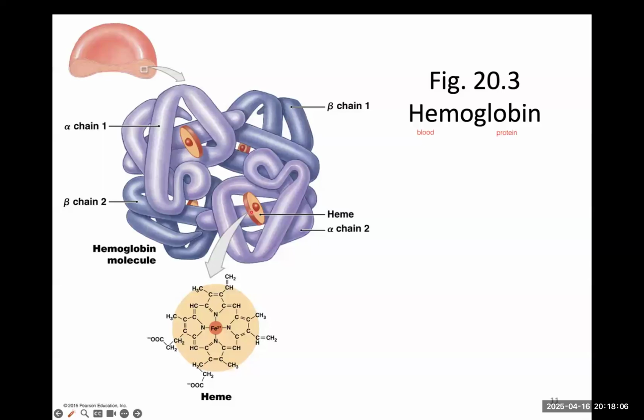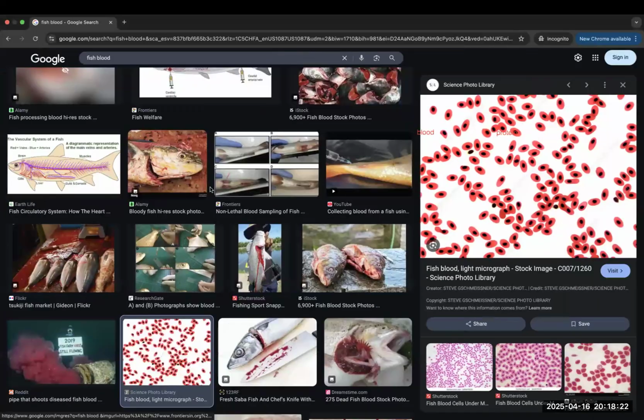And heme refers to the molecule, and heme is the molecule that has iron in it. So that's what makes the blood red. If you replace the iron in the hemoglobin with copper, that's going to change the color of the blood. In the case of invertebrates, they don't really have iron in their blood, they have copper.